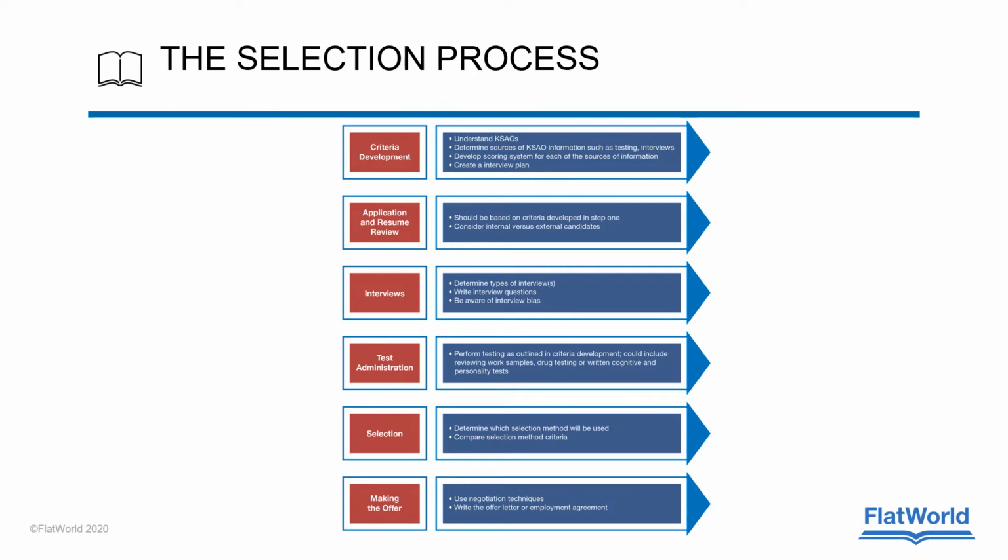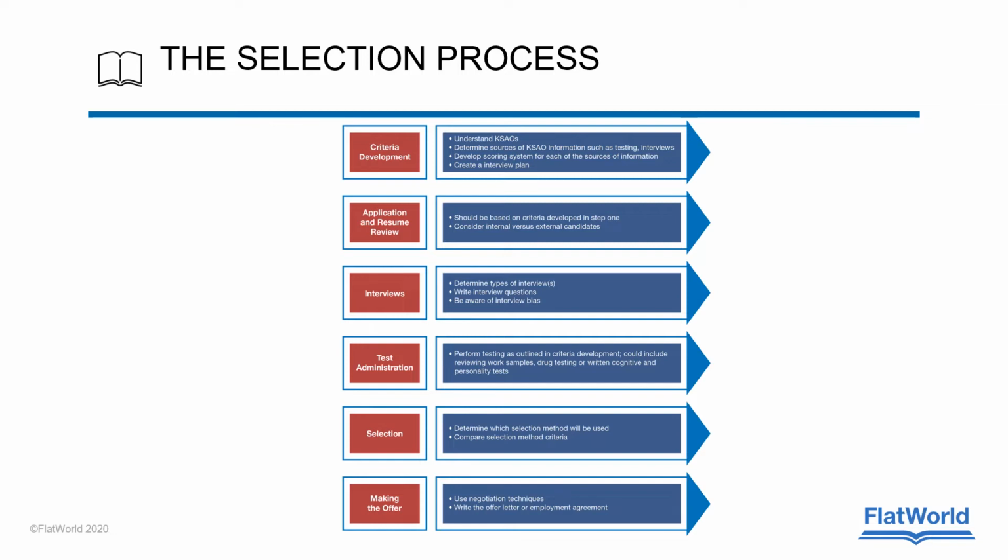So here's the layout of the selection process, and again, this is taken directly from the book. Here you have all of those stages. Criteria development determines sources of information, such as testing and interviews, and involves developing a scoring system. Application and resume review should be based on the criteria, as we said. For the interviews themselves, you should determine the type of interview you want to have and write the interview questions.